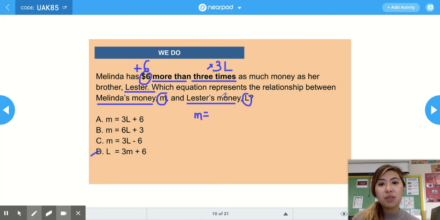And so if we combine this information, we have 6 plus 3 times L. So we have positive 6, which we dropped the positive sign here, but it's still positive 6. And we're adding together the positive 3L since we're multiplying the 3 and the L. And so if we look at our answer choices, 6 plus 3L is A.